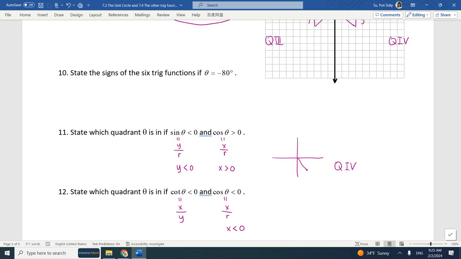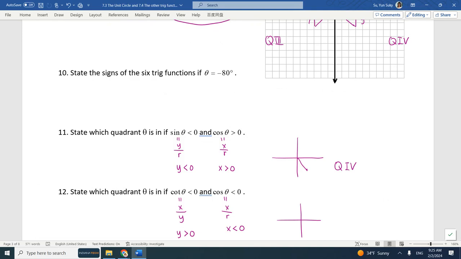See? X is negative. Now go back. X is negative, but the whole thing is negative. What is your y? Positive. Good. So y is positive, so that is the upper half, right? And x is negative.